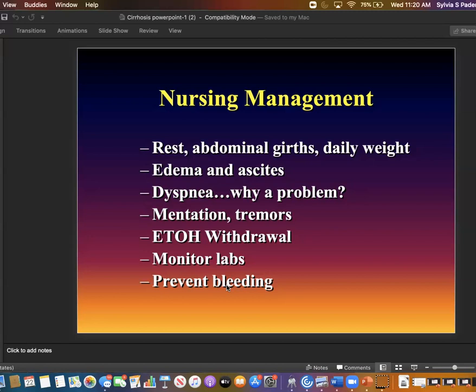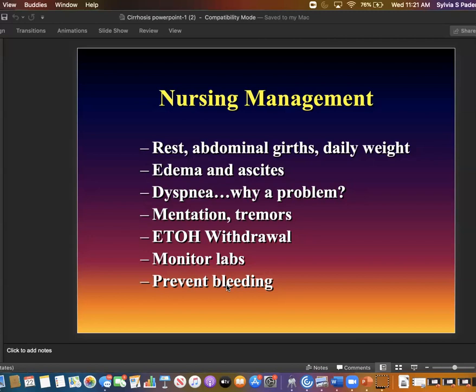Monitor the edema and ascites. Dyspnea is a problem because of the ascites: the stomach is pushing up against the diaphragm, so the patient has trouble breathing. Monitor mentation and the tremors. Also monitor them for alcohol withdrawal. Monitor labs and make sure to prevent bleeding.